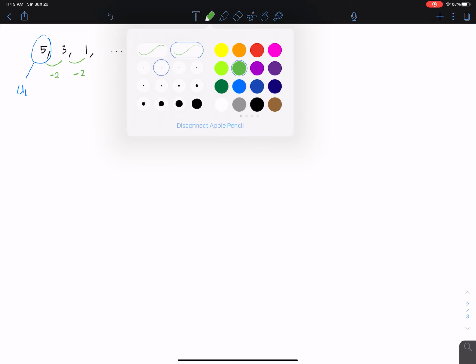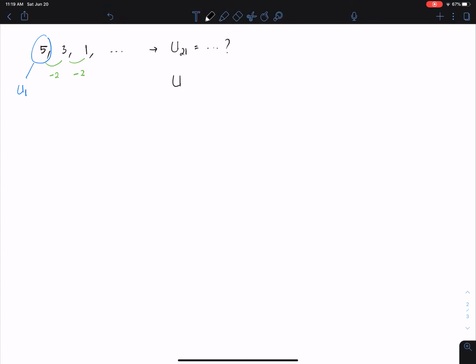So we can work this one with un equals u1 plus n minus 1 times b. So our un will be 5 plus n minus 1 times minus 2.